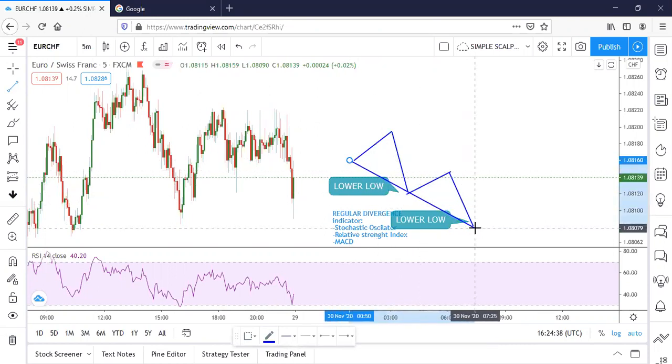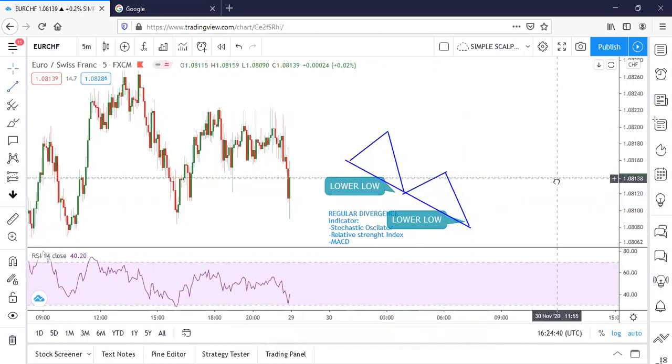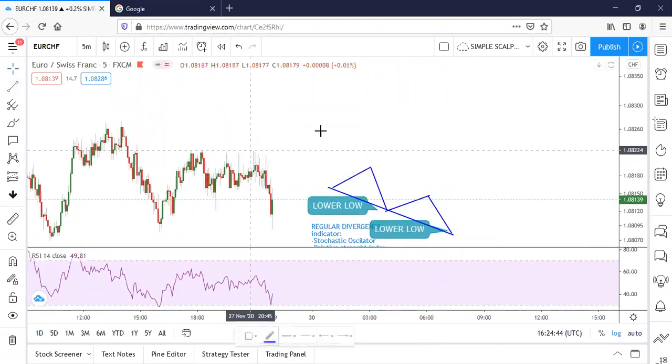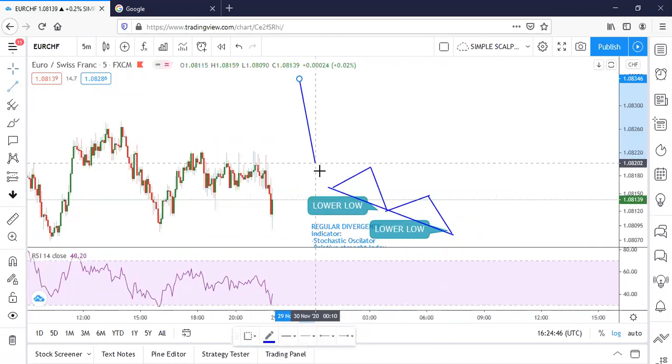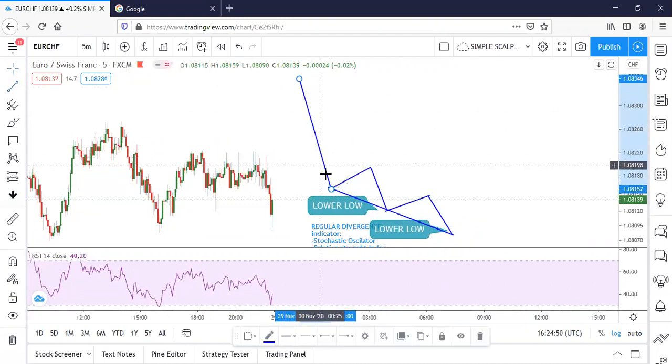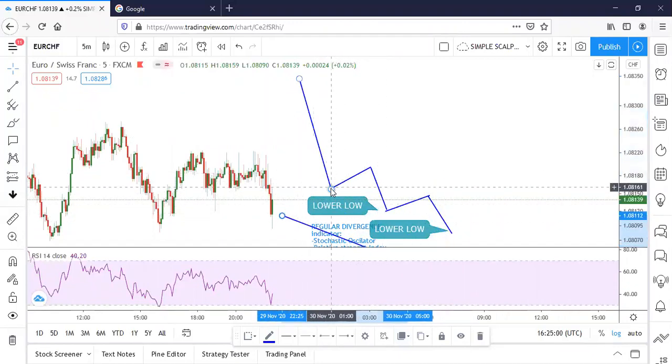Let's, for example, say the market has been moving. You have been having a serious downtrend coming like this, and all of a sudden, within a while, the price starts giving you a structure like this.